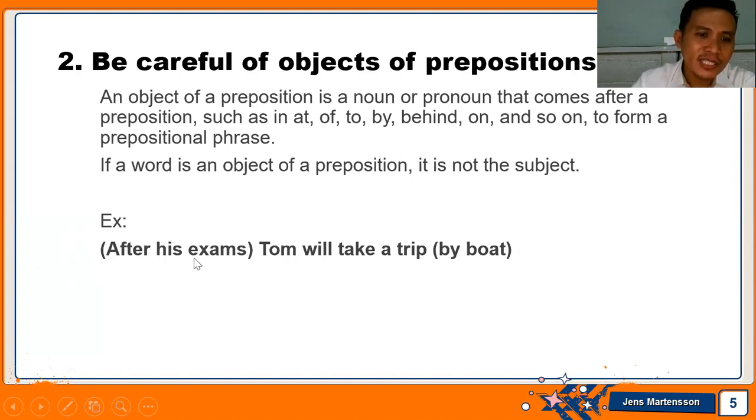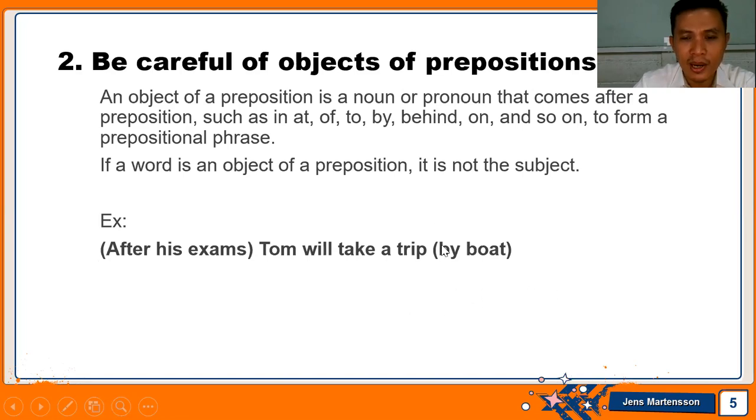So, after his exams, Tom will take a trip by boat. Even though it's at the beginning of the sentence, this is not the subject. Which is the subject here? The subject is Tom. Tom will take a trip by boat after his exam.